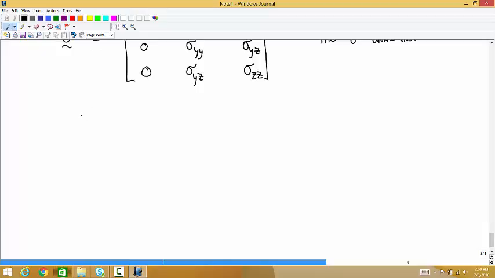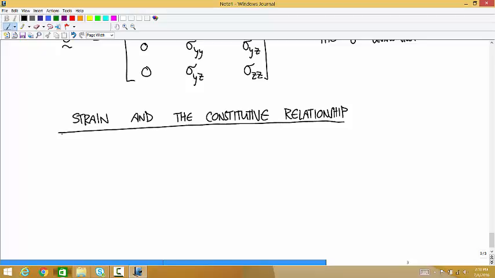Okay, so now let's talk about strain. We've been talking about stress. So yeah, this is going to be strainful. Strain and the constitutive relationship. The constitutive relationship is the relationship between the stress and strain.